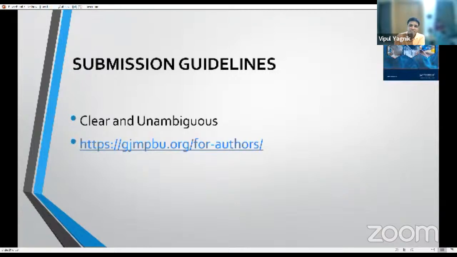Another point is the submission guideline. The submission guideline should be clear and unambiguous, meaning clear and precise. The submission guideline is the requirement. You can see the website is opening.